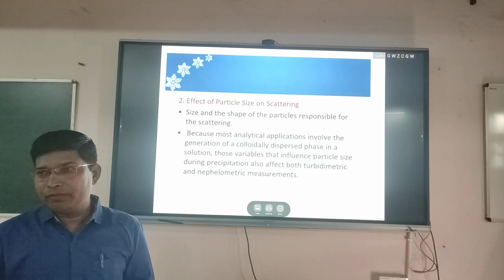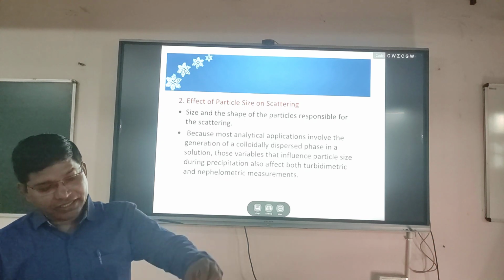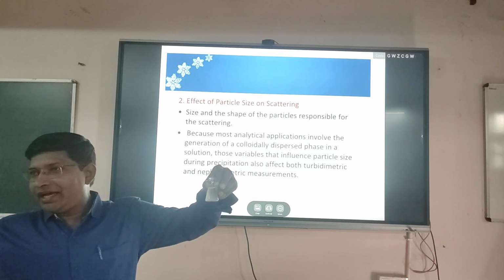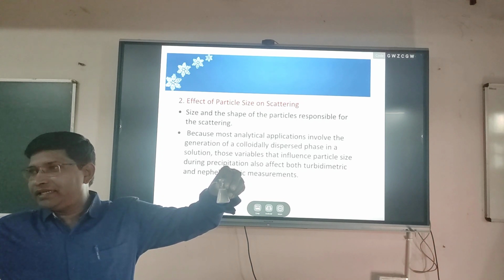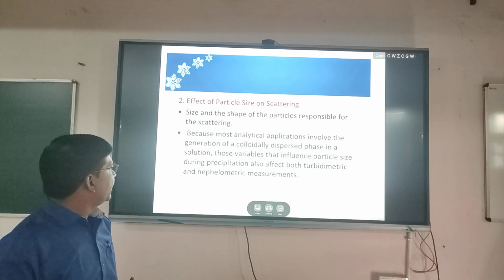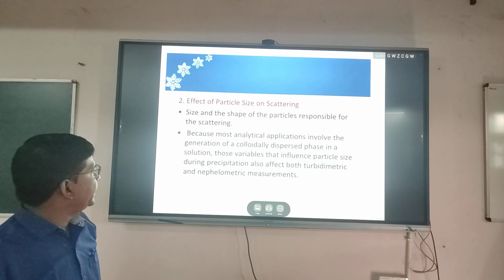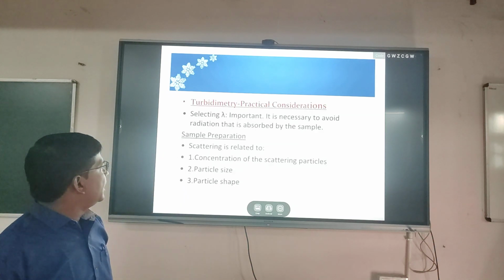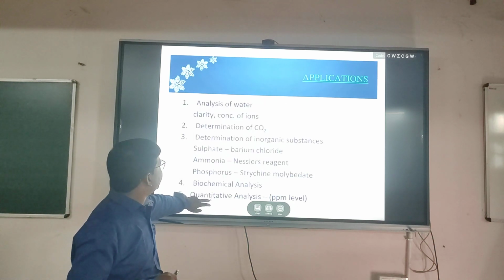But in turbidimetry the suspended particles should be larger than the incident wavelength. That is a difference between nephelometry and turbidimetry, because particle size affects the process of scattering.